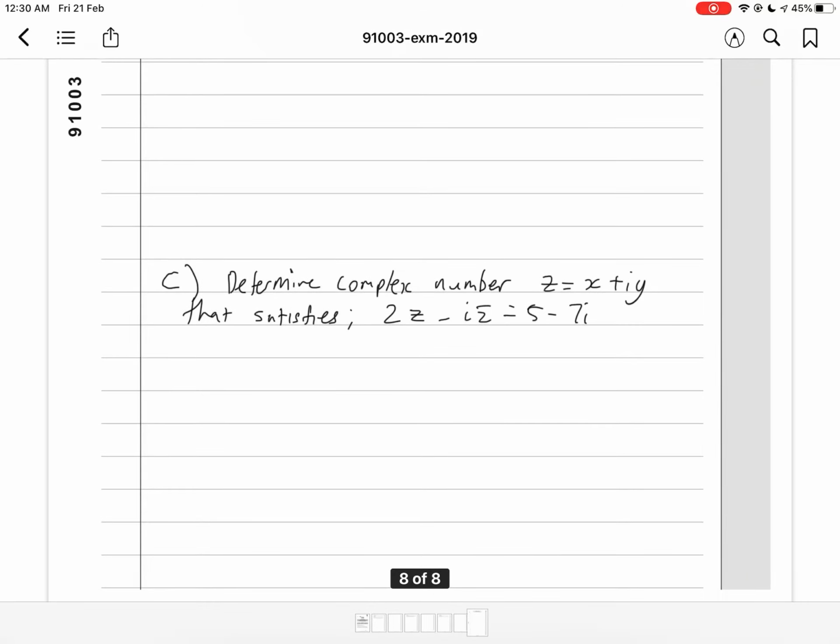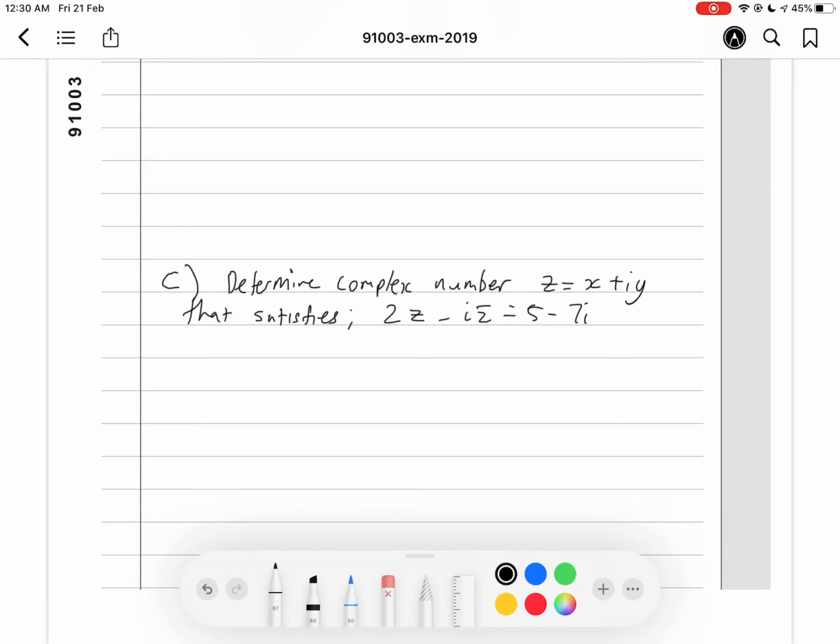Alright, question C. Determine the complex number z equals x plus iy that satisfies 2z minus i times the conjugate of z equals 5 minus 7i. So our z equals x plus iy, and therefore 2 times (x plus iy) minus i times the conjugate of z, which is x minus iy, equals 5 minus 7i.